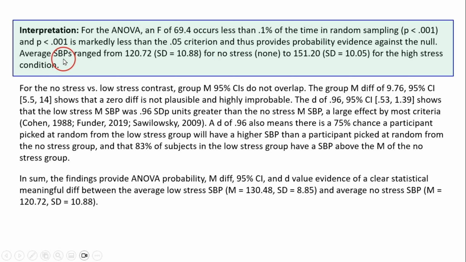The average systolic blood pressures ranged from 120.72, standard deviation 10.88 for the no stress condition, to 151.2, standard deviation 10.05 for the high stress condition.